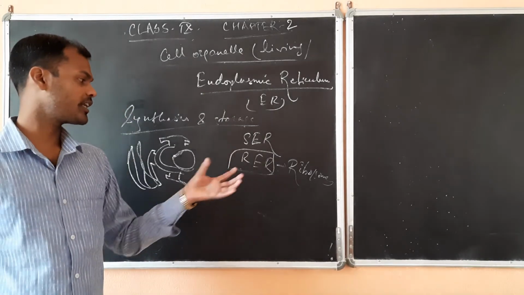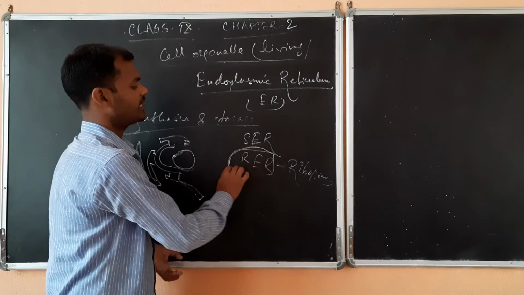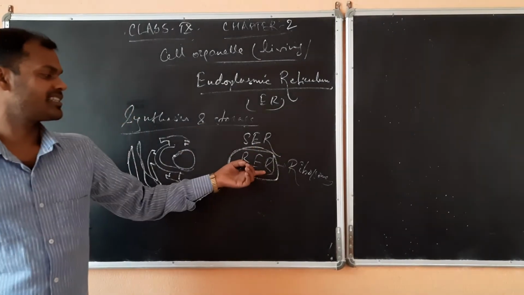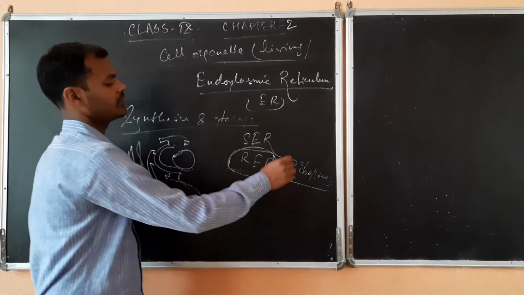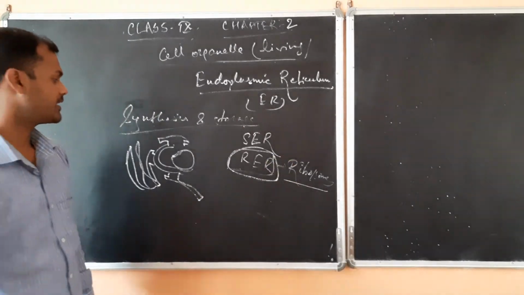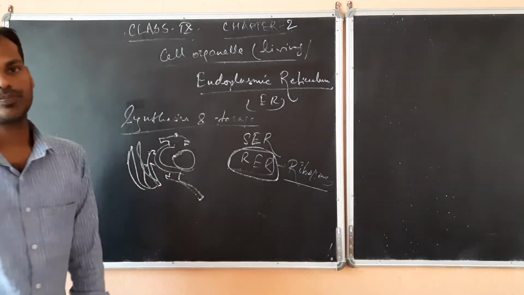Your body is made up of proteins. Maximum proteins are there for muscle development, so that is synthesized in the rough endoplasmic reticulum, where ribosomes are attached.